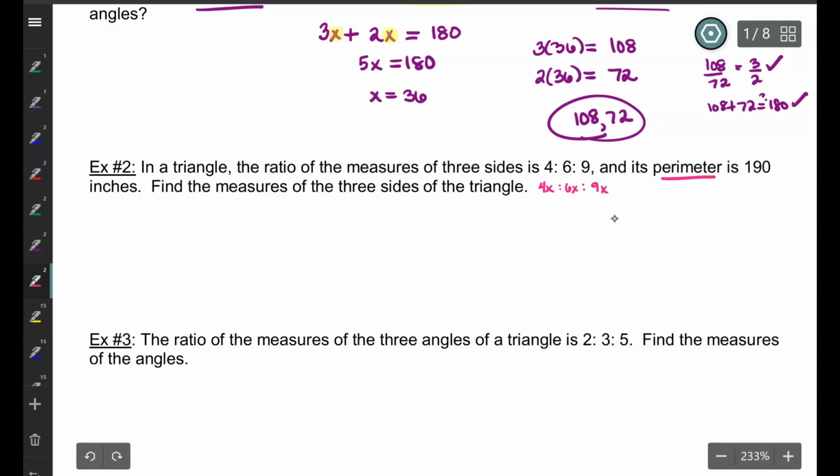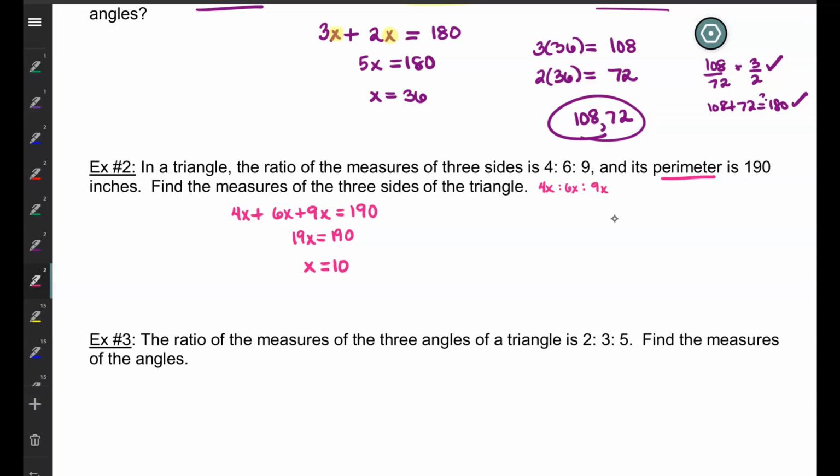Now, perimeter is 190, so that means we're going to add all these up. So 4x plus 6x plus 9x has to be 190. Okay, so let's go ahead and solve for x. We get 19x. That's an easy one, right? Go ahead and divide, and we get x equals 10.